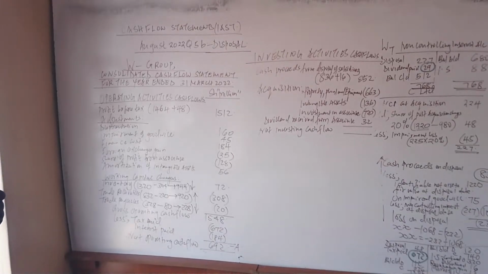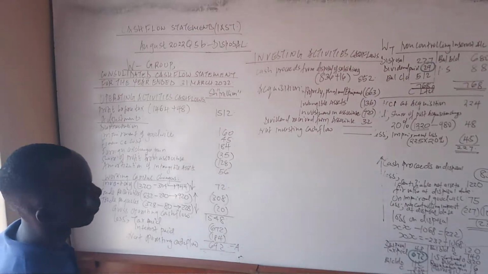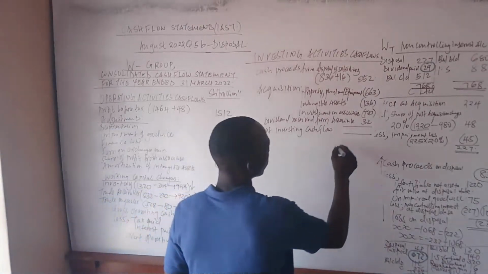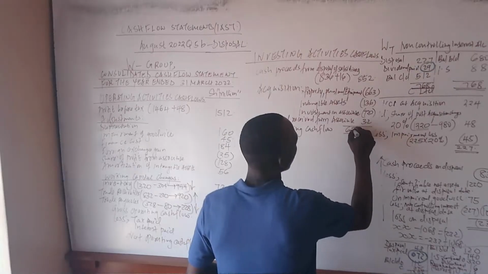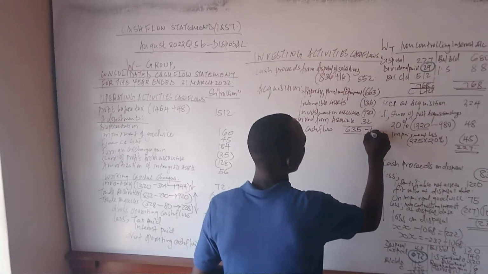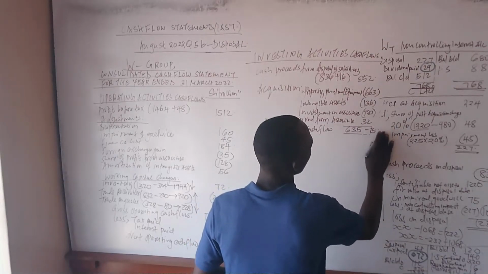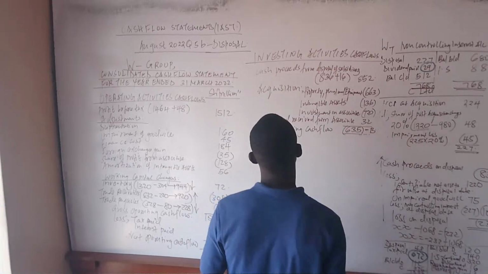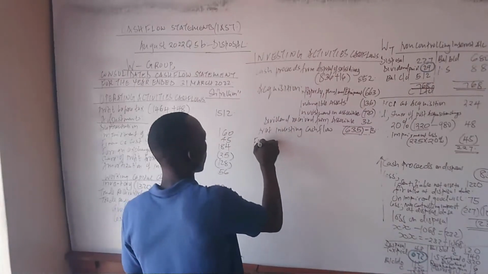We have 852 minus 663 minus 136 minus 720 plus 32. We have 635. We call this B, negative or positive? Negative. Then we go to the financing.